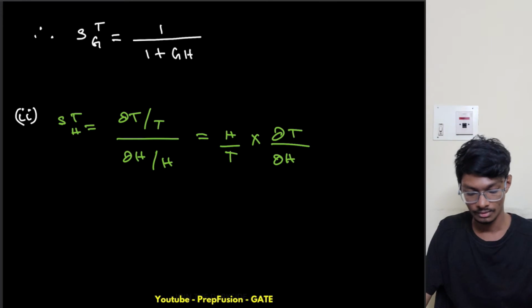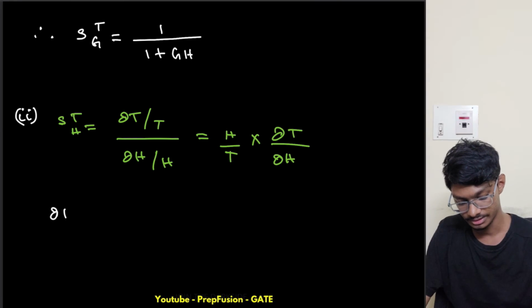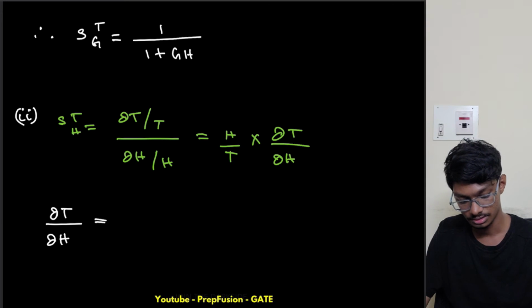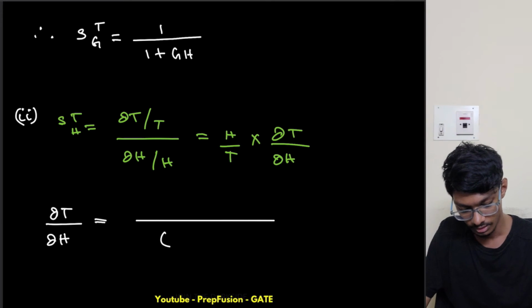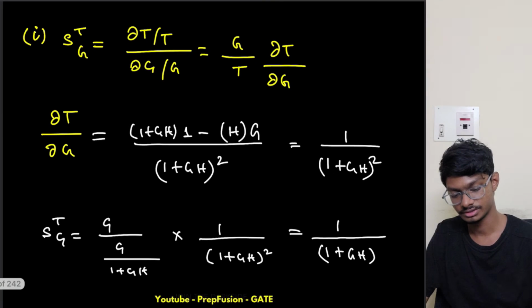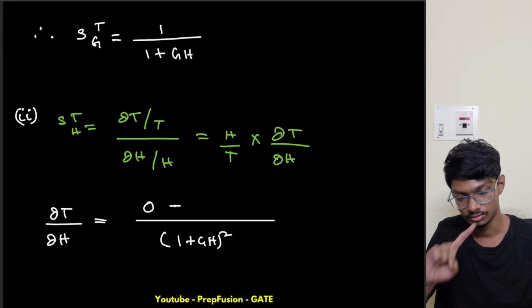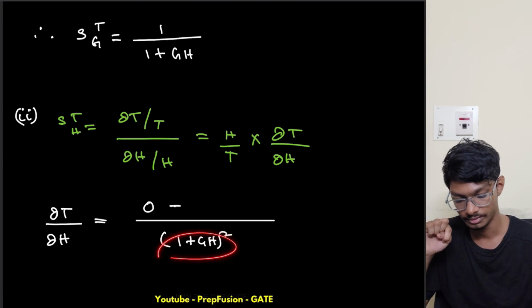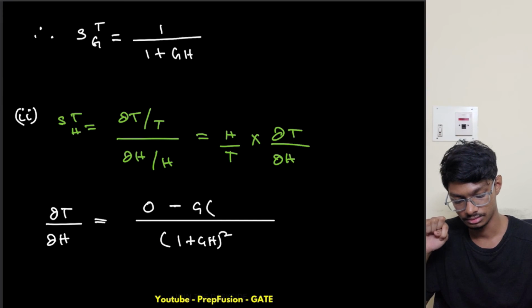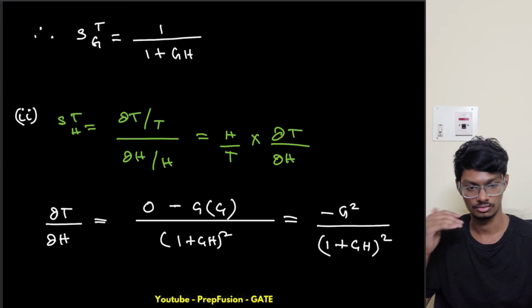Now I will find the partial differentiation of the transfer function with respect to h. Again the denominator will be 1 plus gh whole square, but this time the first term will be 0, because differentiation of g with respect to h is 0. Then minus, the numerator was g and the differentiated term is g, so it becomes minus g square by 1 plus gh whole square.